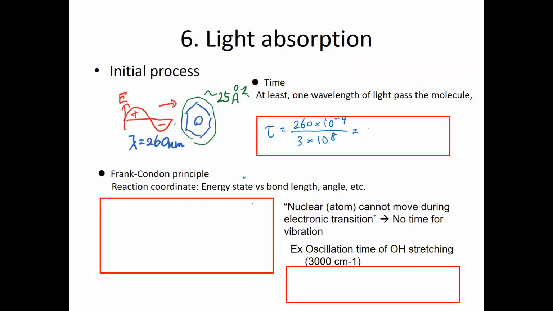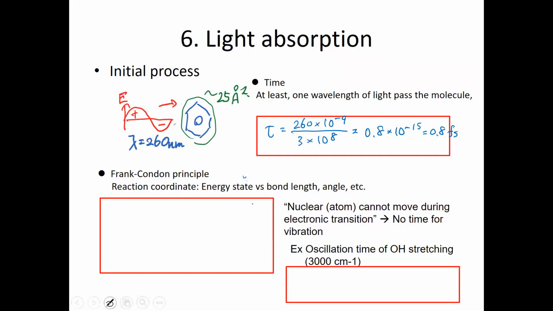It's equal to 0.8 times 10 to the minus 15 seconds, meaning 0.8 femtosecond. It's around 1 femtosecond, right? So just remember that at least 1 femtosecond is necessary for light absorption, roughly.